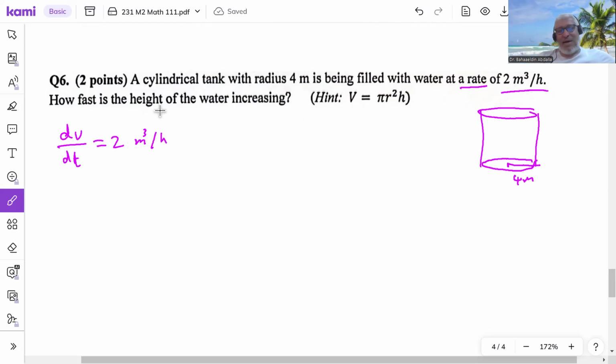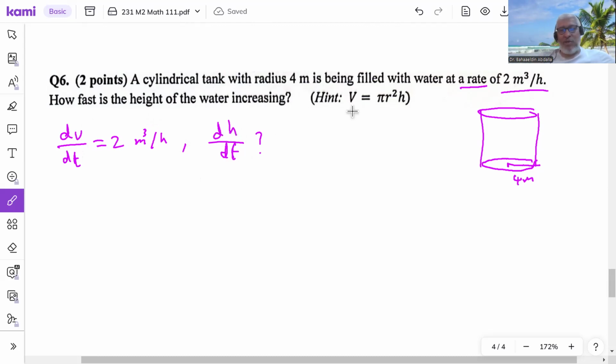How fast is the height of the water increasing? He's asking how fast, which also means rate of change. What the height? So he's asking about dH by dt. What is dH by dt? What is the rate of change of the height with respect to time? So V and H are changing.